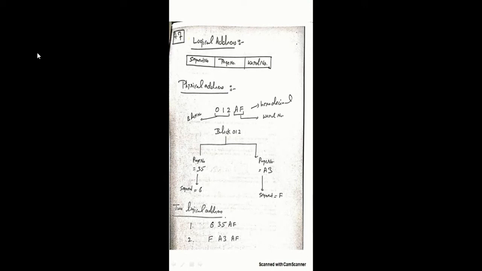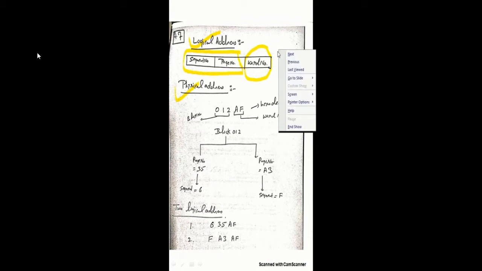The logical address has a page number, which is again divided into two parts: segment number and page number. Offset is nothing but your word number. The physical address has a frame number and the offset. The frame number here is nothing but your block, and the offset is your word number.